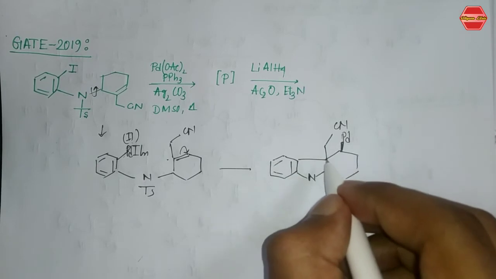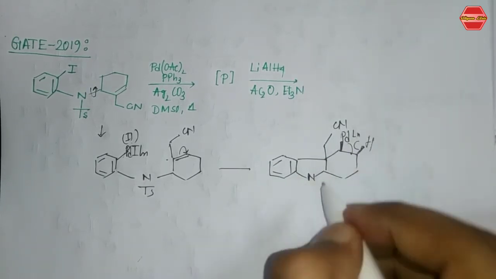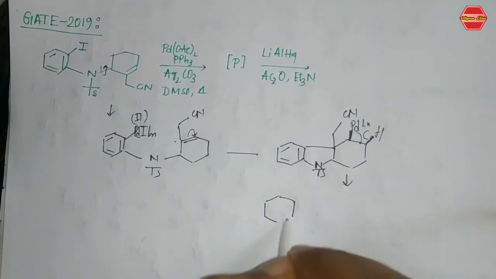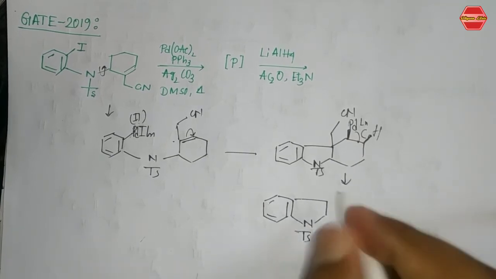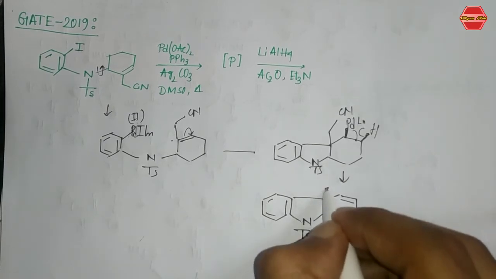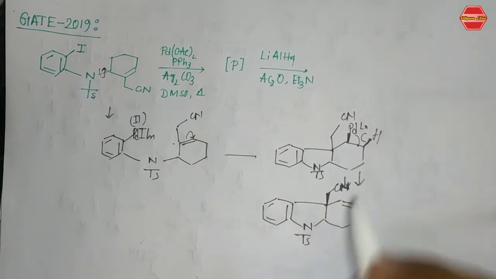So there is no beta hydrogen, so you have to remove this hydride over here. So finally you get this product, this one. So you are getting this final product with CN like this, and this is your CN, right?